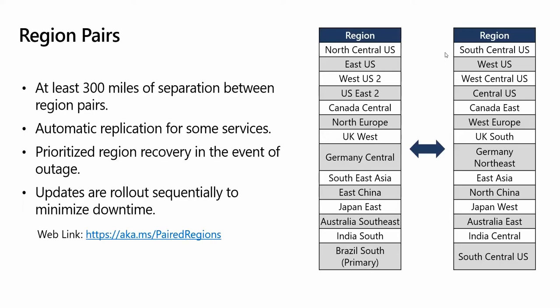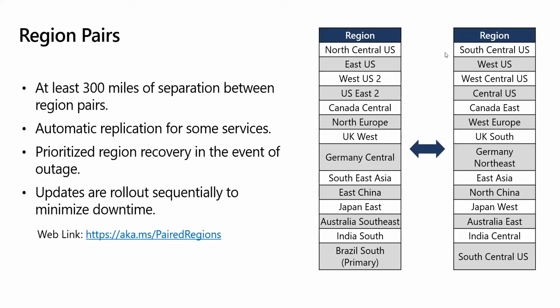For example, if I was deploying my resources in East US, I'd want to pick the automatic region pair in the West US. So if there ever happened to be a wider Azure outage, one region out of every pair would be prioritized to help reduce the time it takes to restore data and applications. So you want to make sure you're in those automatic pairs.